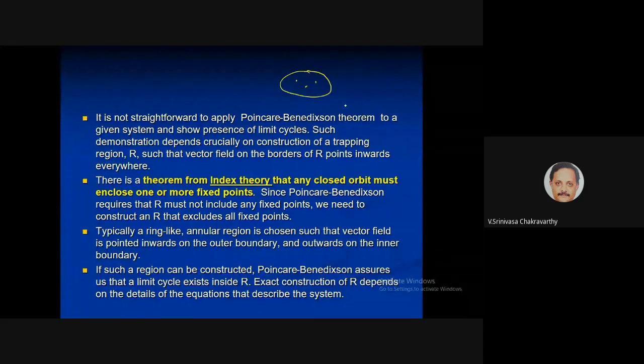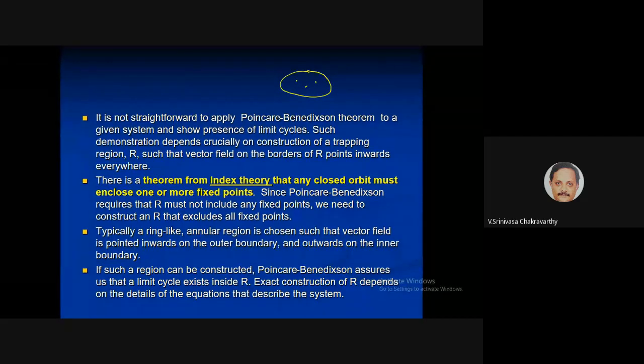So if I take a region R, and I say that you cannot go out of the region R, I won't be able to say that there are no fixed points here, because from index theory we know that if there's a closed orbit, then you should have fixed points.